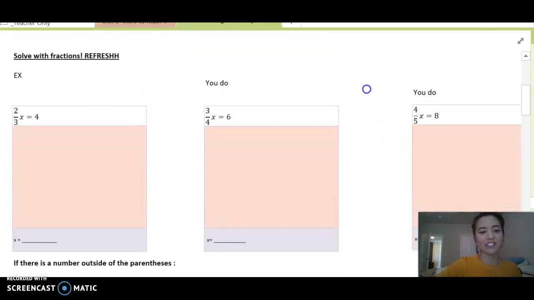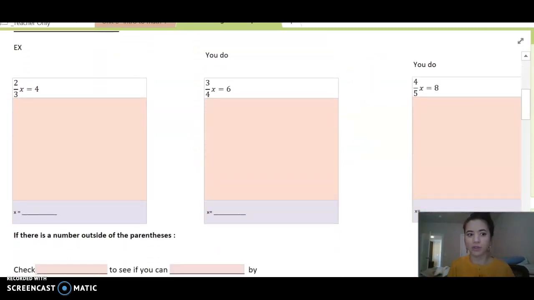All right, next refresher I want to do is solving equations with fractions that have rational coefficients, is what we would call them. So I'm going to start by just rewriting my equation. I had you do a few problems like this late last week.